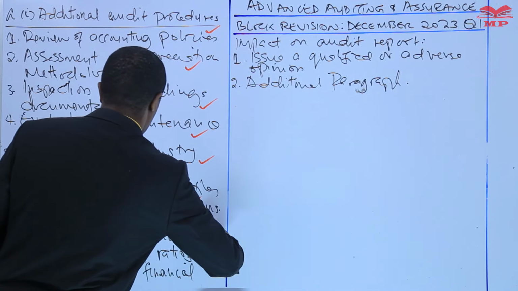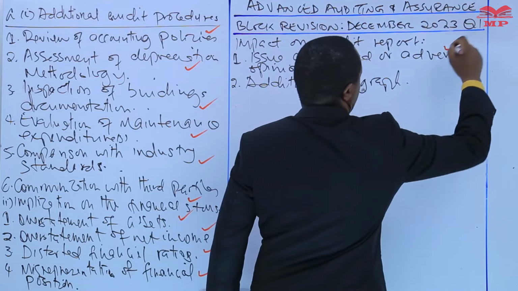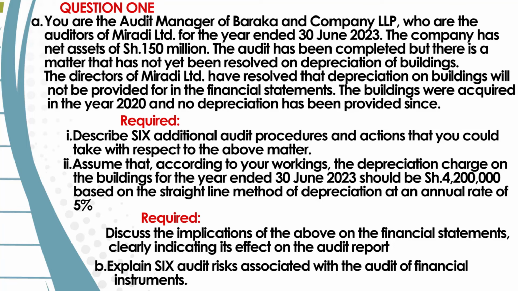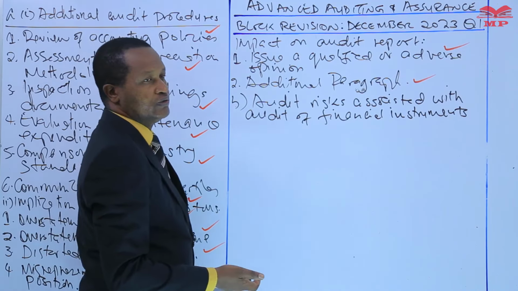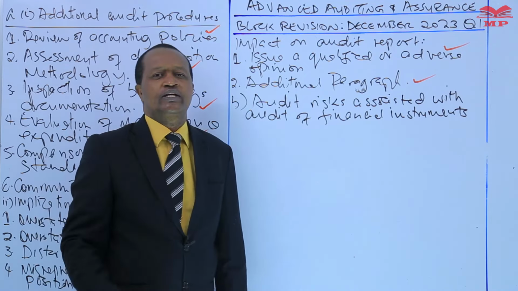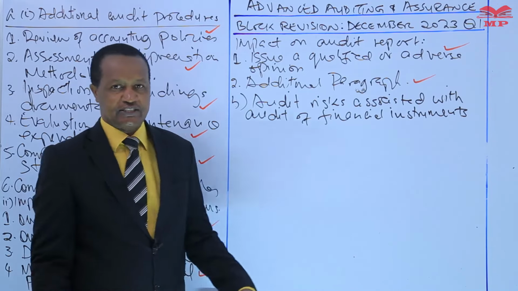1, 2, 3, 4, 5, 6. Any 4 points there would earn you 8 marks. Part B, audit risks associated with audit of financial instruments. Now, candidates, financial instruments, we all know, present unique challenges for auditors due to their complexity and due to their inherent risks.